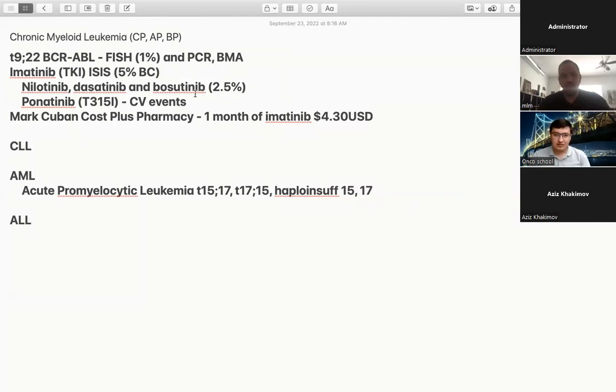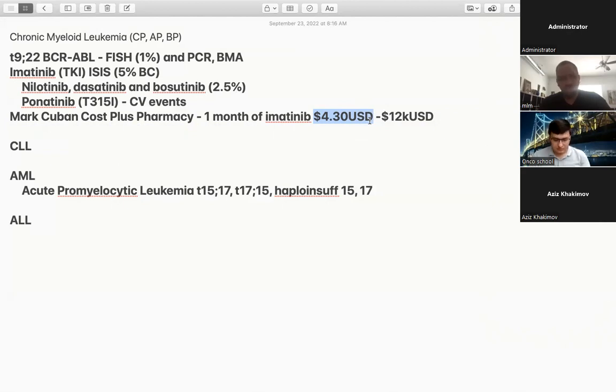So before it went generic and it started being sold at other websites and everything, it used to cost 12,000 USD a month. Now it's literally $4.30 without insurance. So the majority of my patients don't even use insurance to get their imatinib.